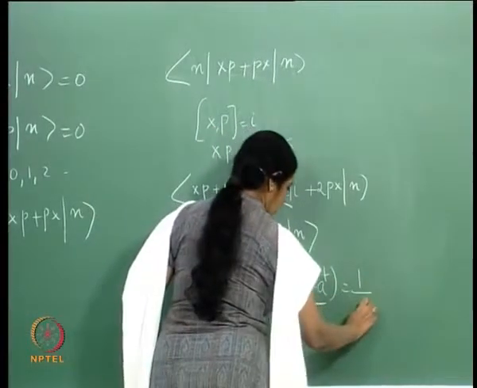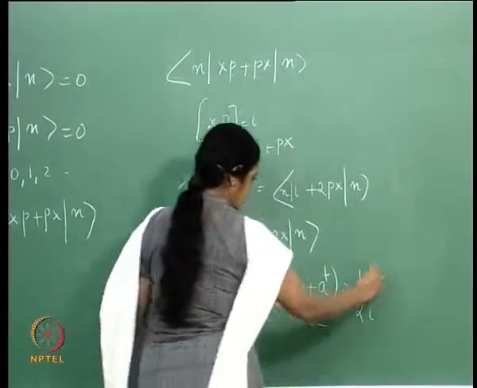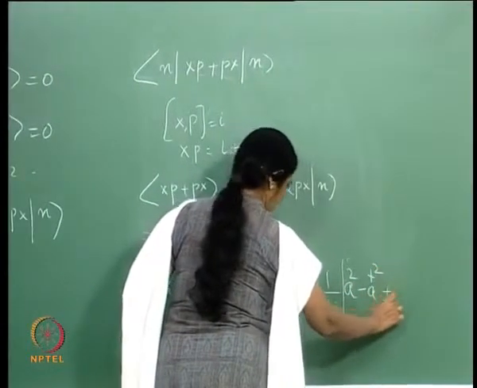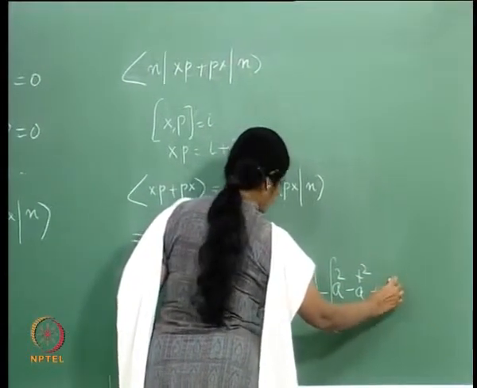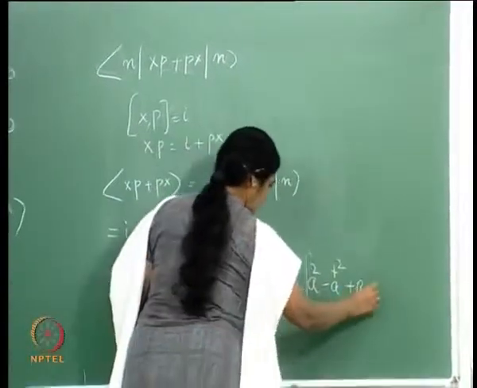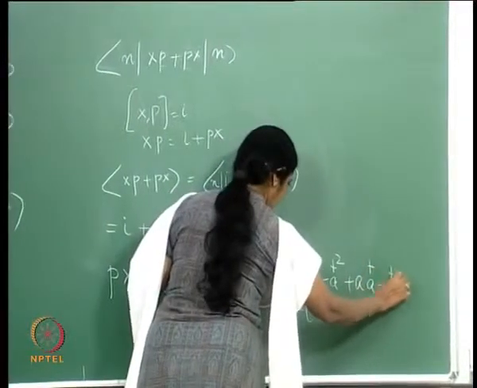This object is half i times (a squared minus a dagger squared plus a a dagger minus a dagger a).